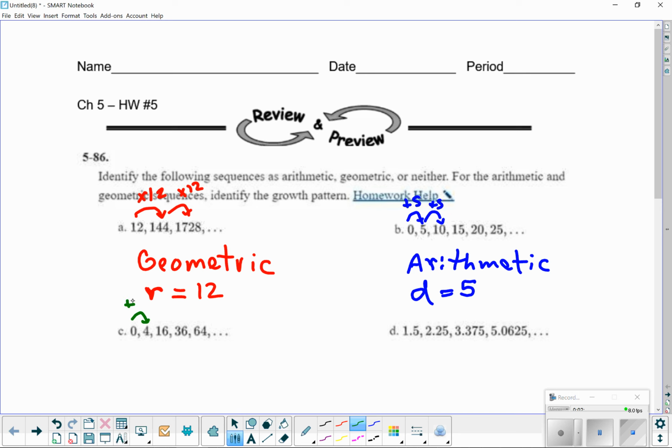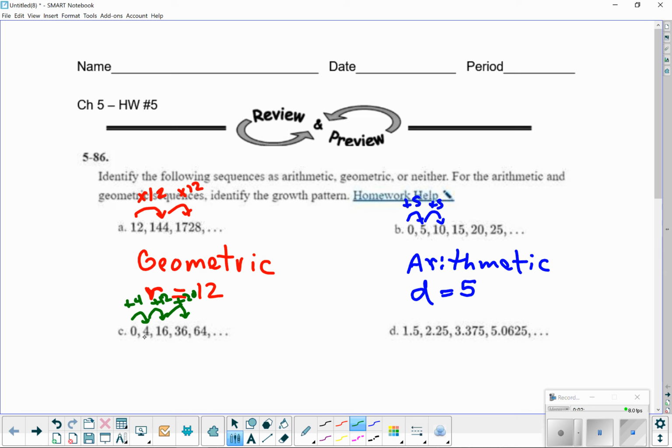Let's see. Right, and then the next one, 4 to 16. We're adding 12. Hmm. 16 to 36. We're adding 20. Right. So it's not multiplying by the same thing, and it's not adding the same thing.